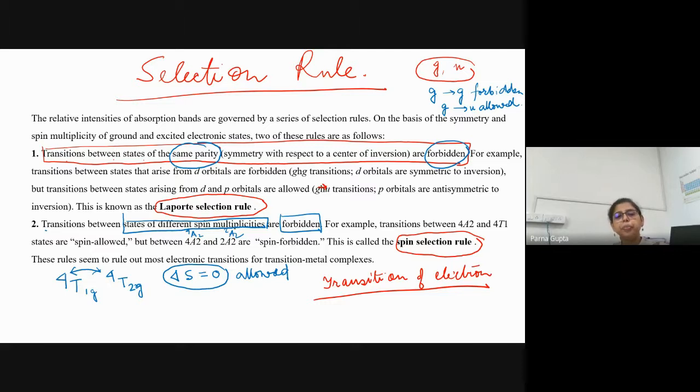Is it clear? Okay, let me give the explanation, then you will understand definitely. And this del S equal to 0 also, I mean both the selection rules.